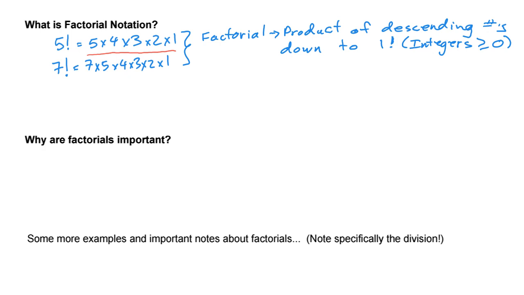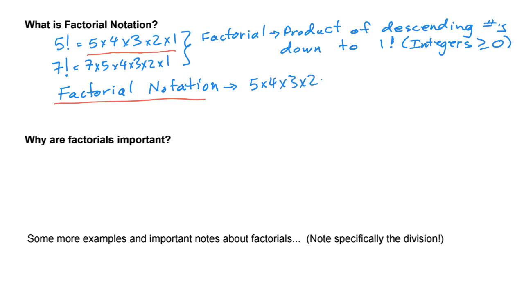The concept of factorial notation is just a way to say that 5 times 4 times 3 times 2 times 1 can be written as just 5 with an exclamation mark.